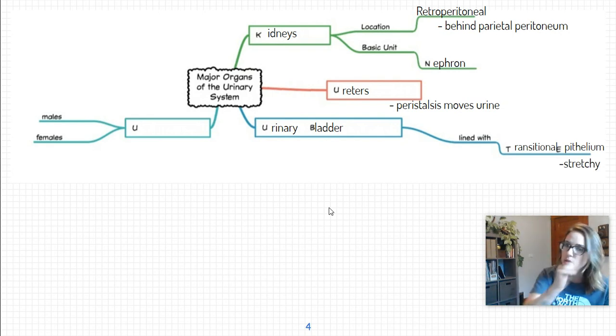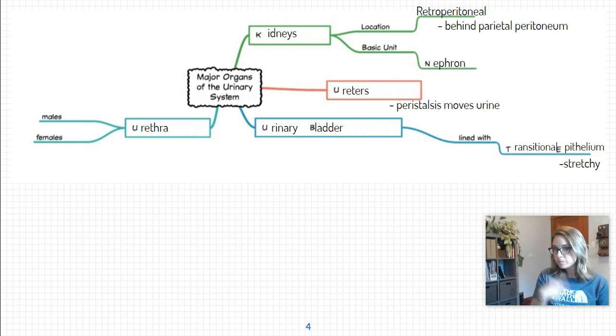And so it will move from being relaxed and everything being sort of bold, like thicker cells. And then when it stretches out, those cells get flatter and they almost look a little more squamous. So transitional epithelial.